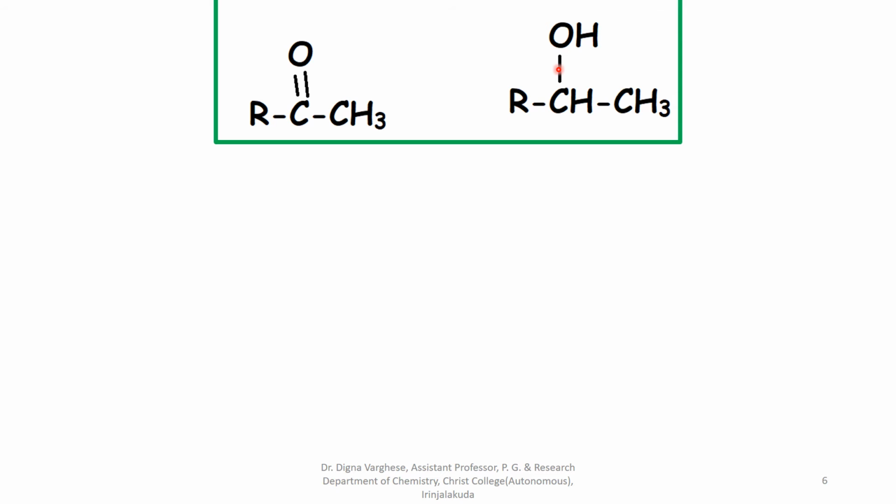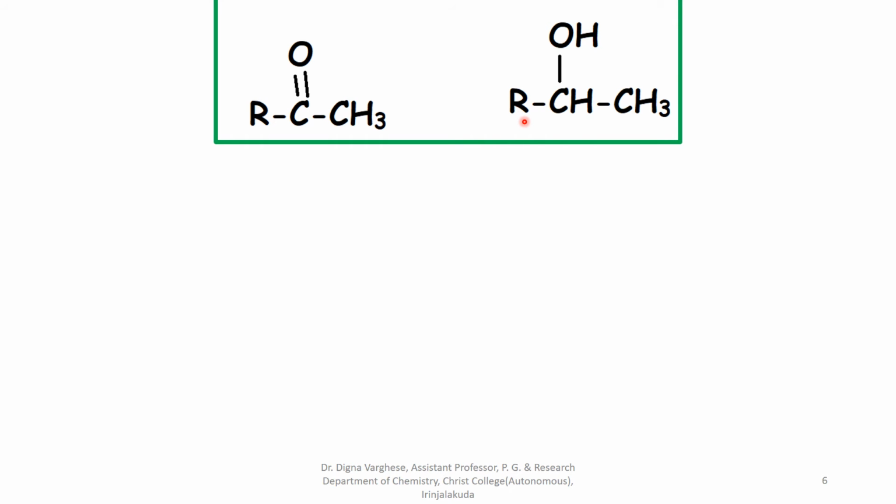So not only the methyl ketones but also compounds like ethanol, propanol, butanol, etc., which can get oxidized when treated with halogen and alkali to aldehydes or ketones containing the methyl keto group, that is CH3CO, give the haloform reaction.